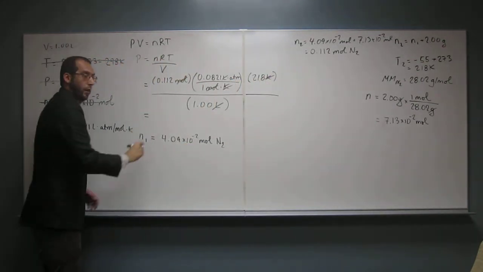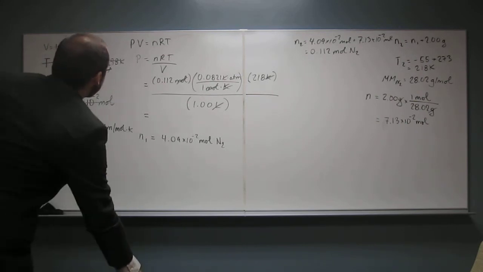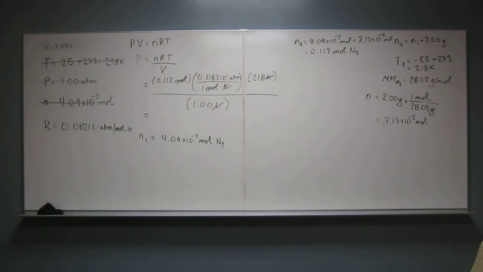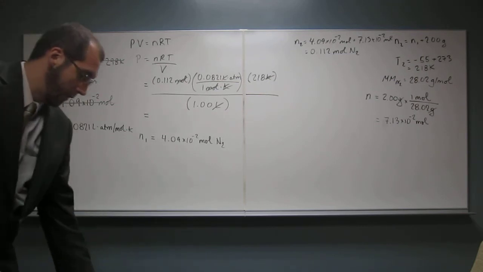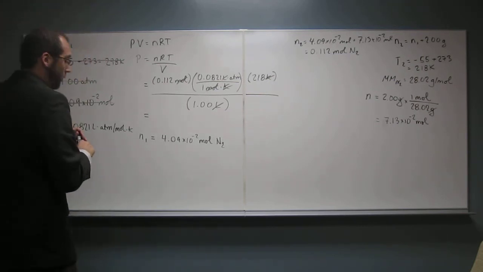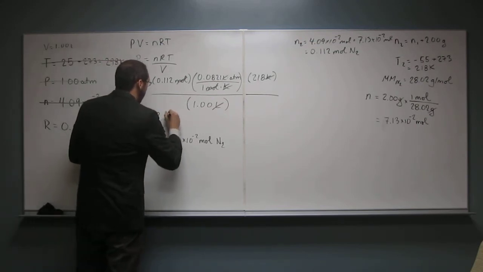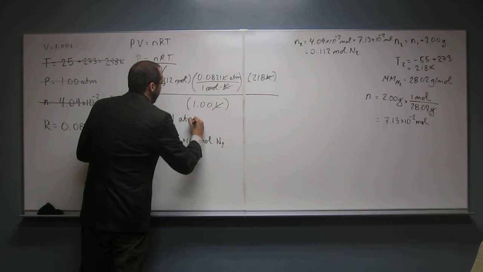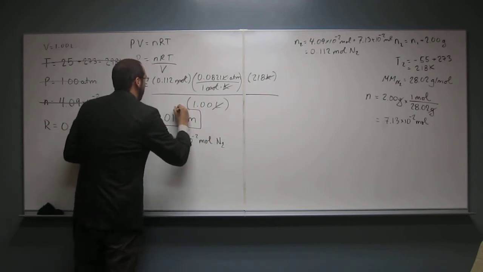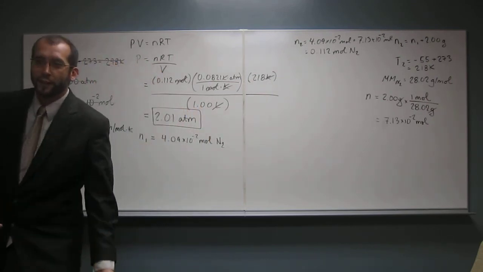So let's do it together: 0.112 times 0.0821 times 218 divided by 1. So the new pressure that I get is 2.01 atm. That's the new pressure.